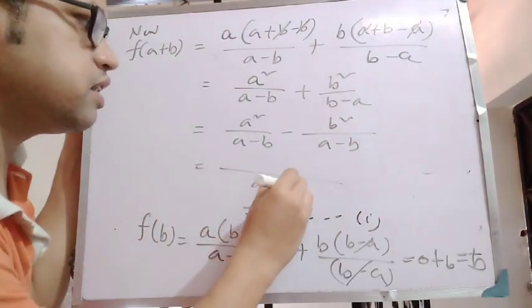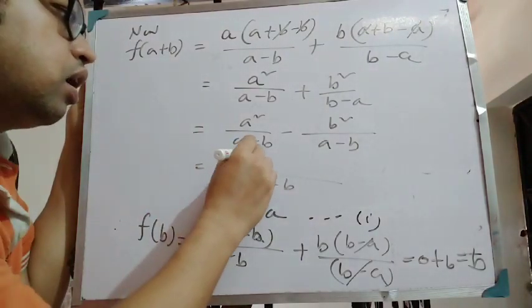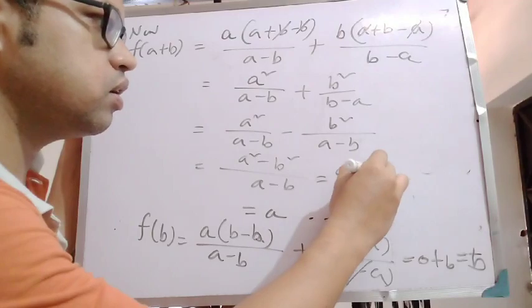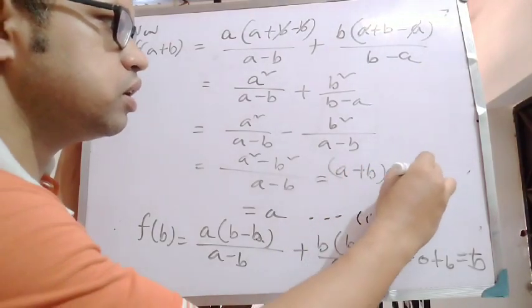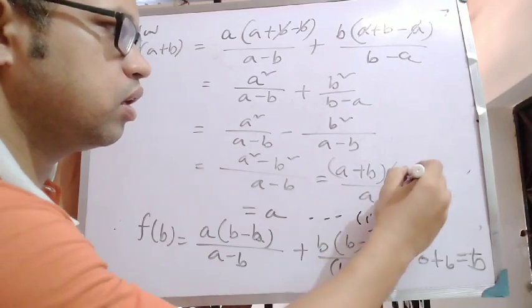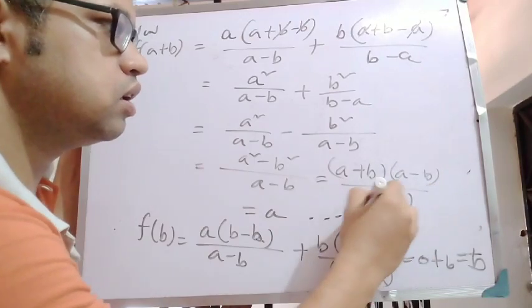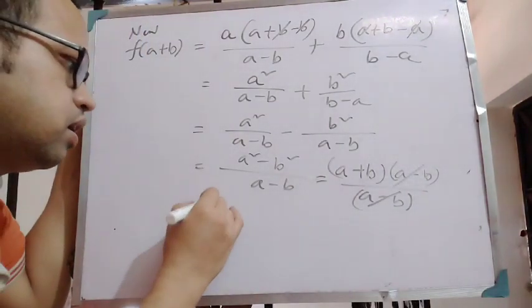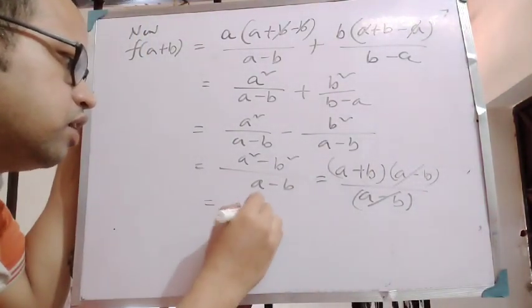So clearly the LCM will be a minus b, and a square minus b square, which can be expressed using the formula, is nothing but a plus b.